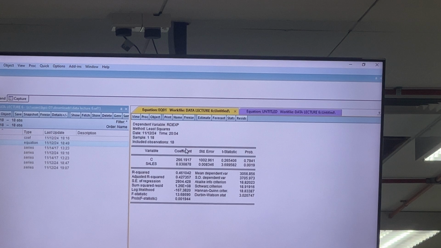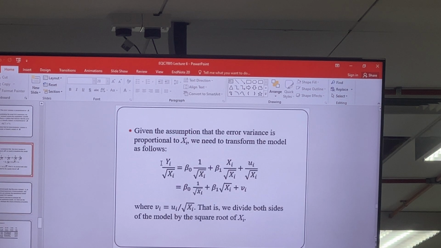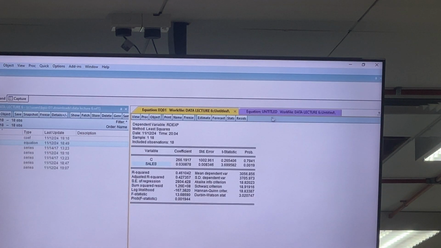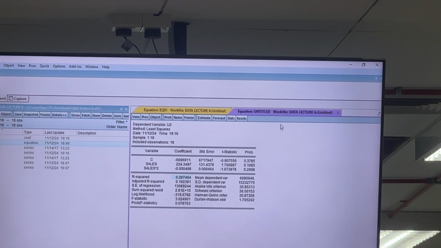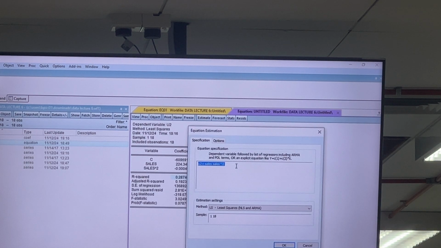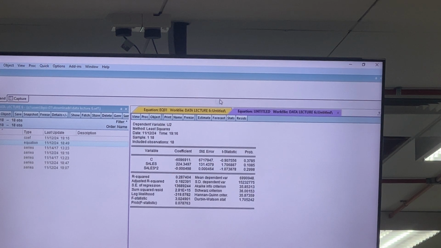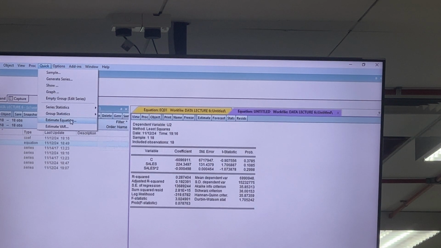If we believe that the error variance is proportional to the value of x, proportional to the value of sales, then we can use this approach. We divide the equation by the square root of sales. So we estimate here, or maybe you can re-estimate. You can also go to quick estimate equation.